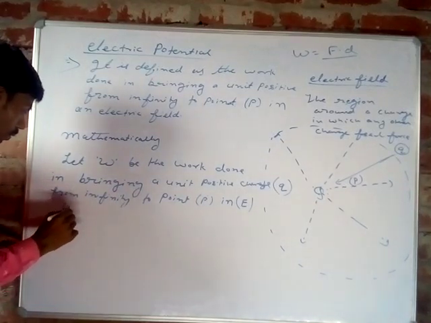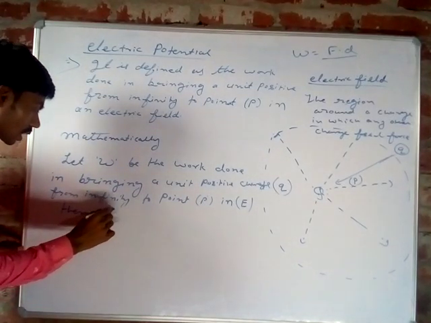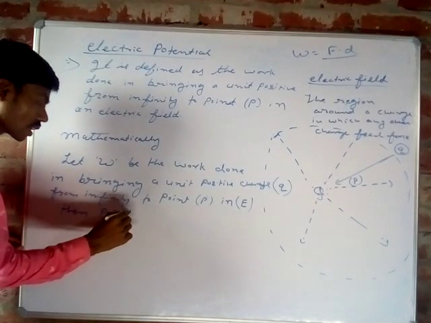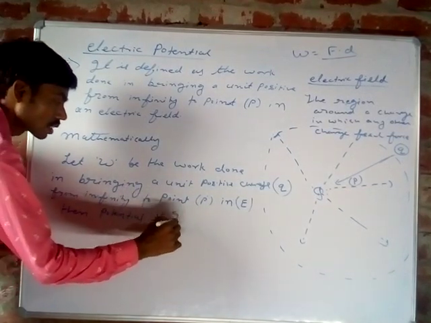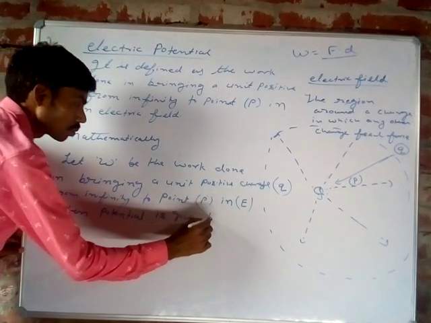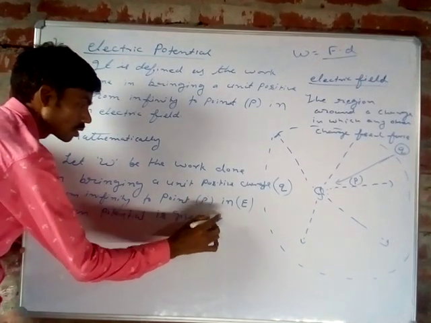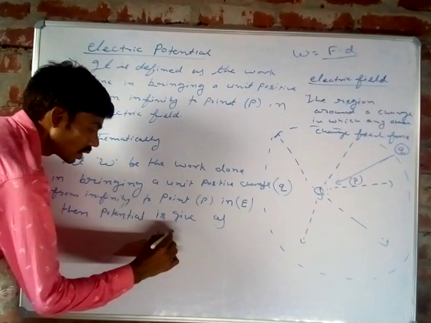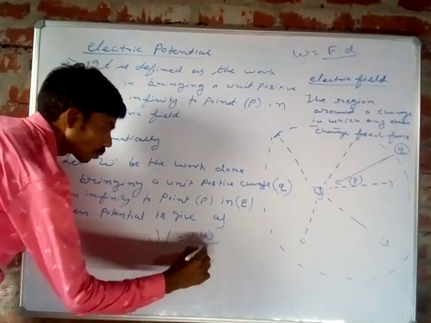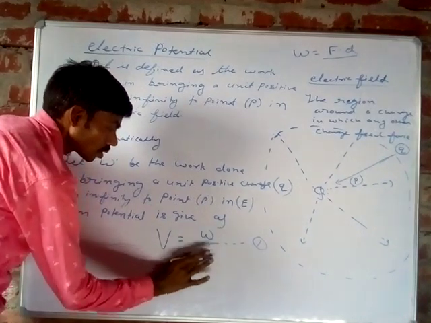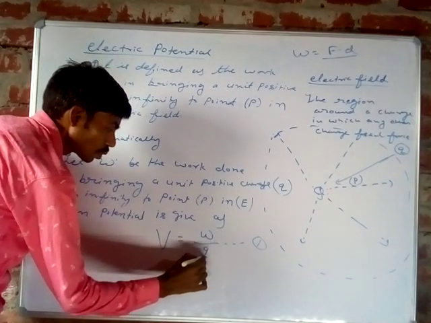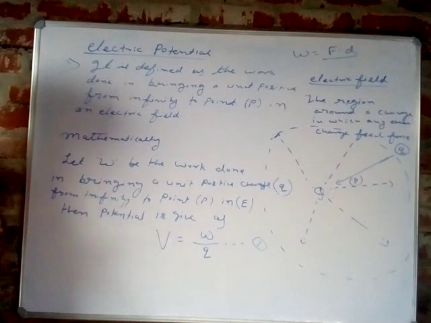Then the electric potential is given as V is equal to work done by q, V = W/q.